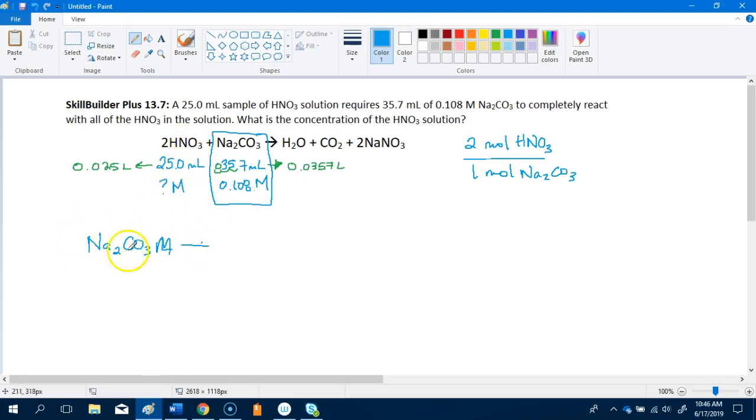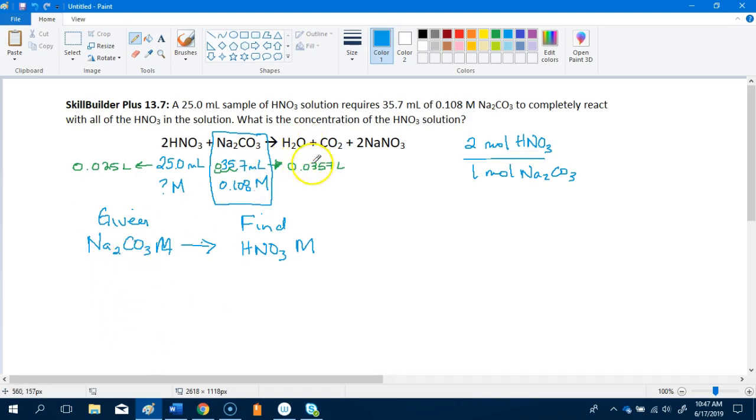In the last skill builder, we started with the hydrogen nitrate because we had both the volume and the concentration, but this time we're going to start out with sodium carbonate because we have both the volume and the concentration of that.